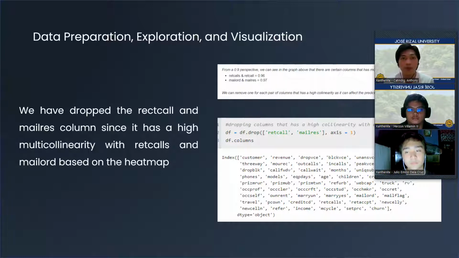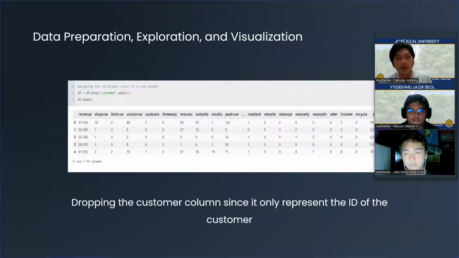We removed one from each pair of highly collinear columns, as it can affect the prediction performance of our model later on. This is how we dropped those columns. We also dropped the customer column since it only represents the ID of the customer.